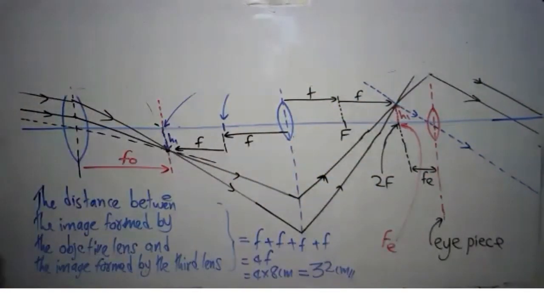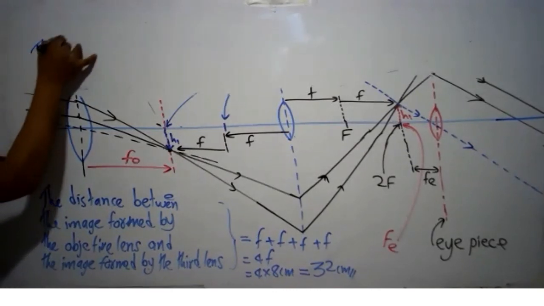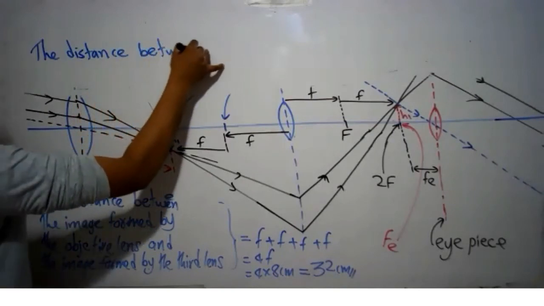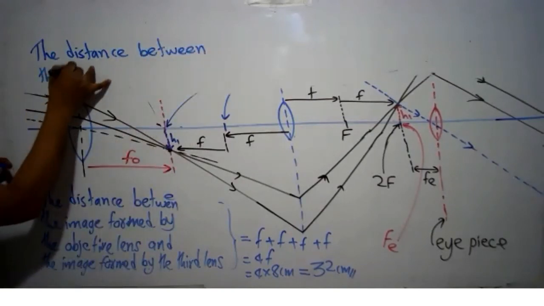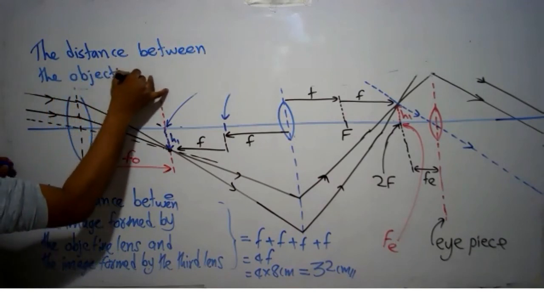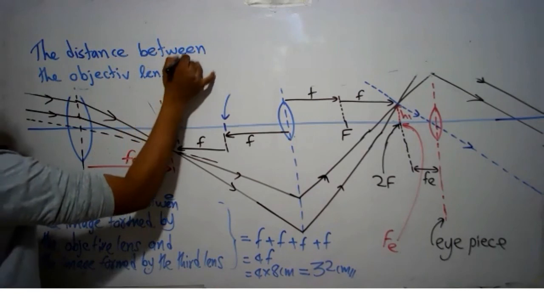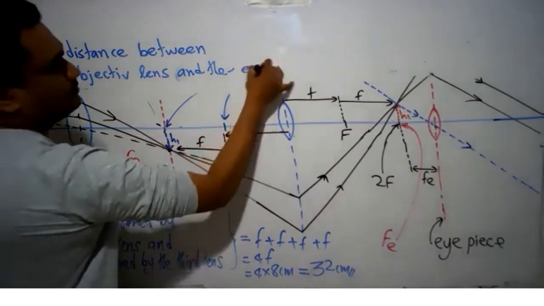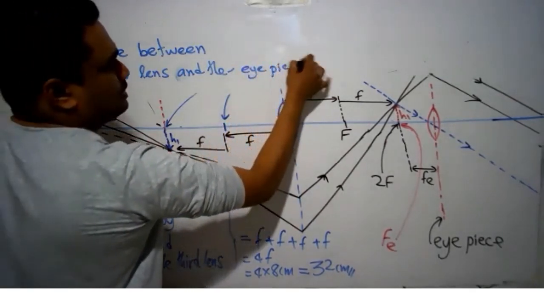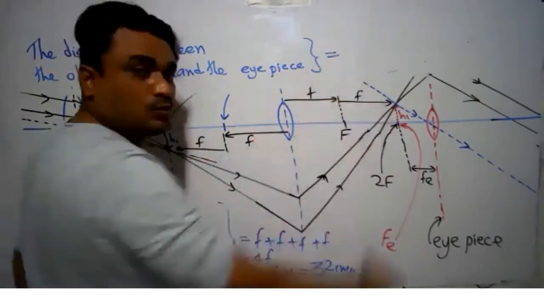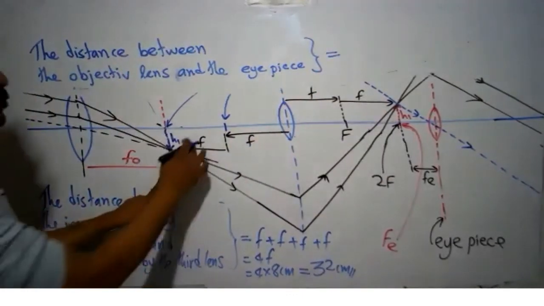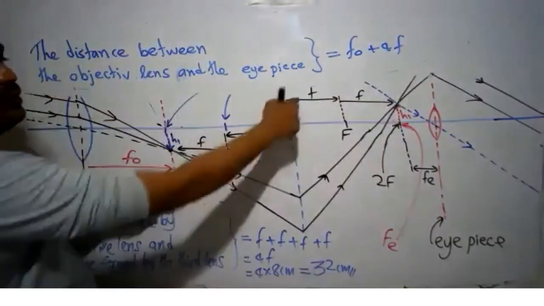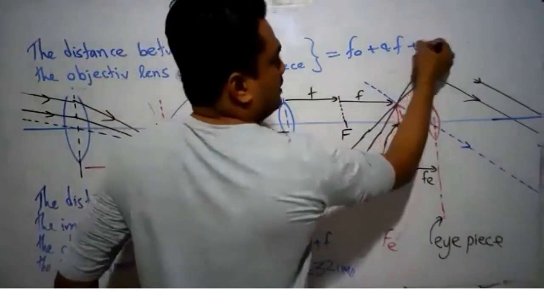So the answer is the distance between the objective lens and the eyepiece equals F naught plus 1, 2, 3, 4F, plus Fe.